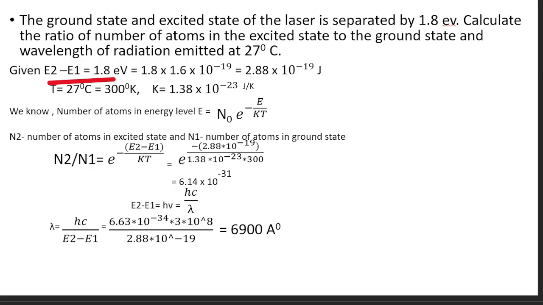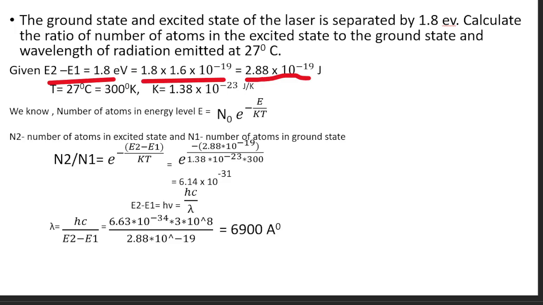So we have to convert it into joules. Multiply this value 1.8 by 1.6 into 10 raised to minus 19. So we get the energy difference in joules, which is 2.88 into 10 raised to minus 19. And they are giving the temperature of 27 degrees Celsius.